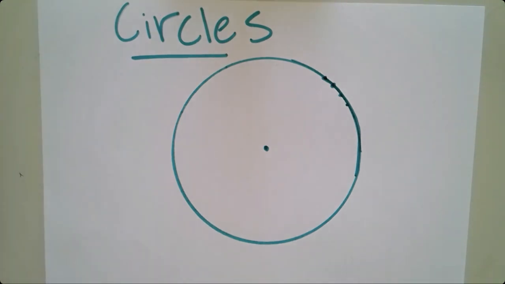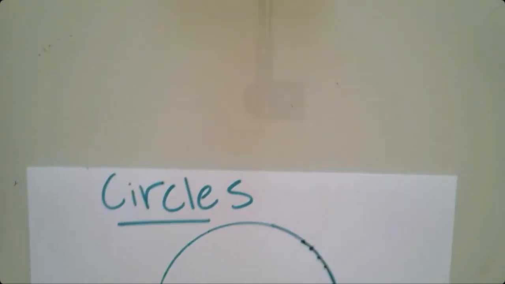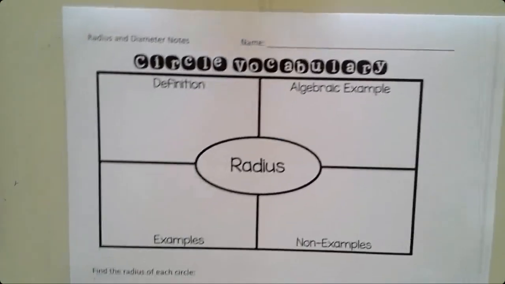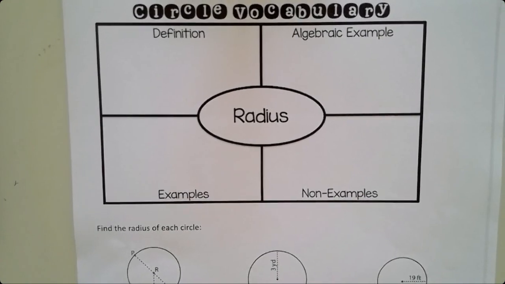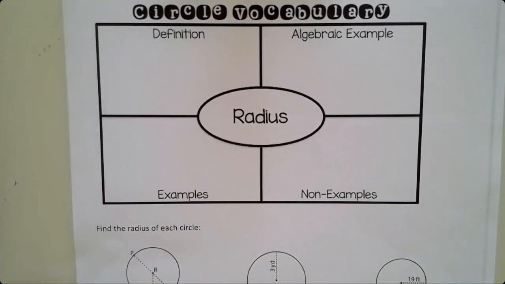And so we're going to talk about 2 specific parts of circles today. The first part of a circle, it's really important to know, is called the radius. And so first, we have 2 words we're focusing on today. The first is called the radius.